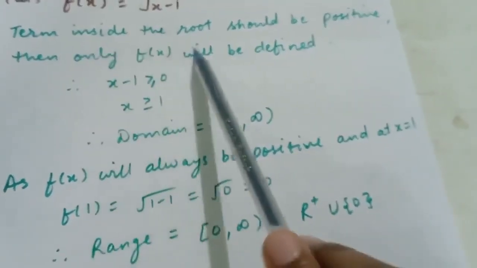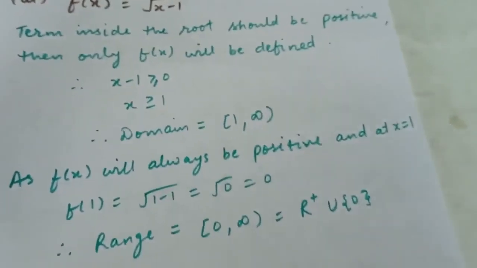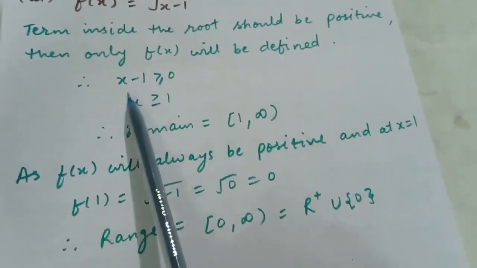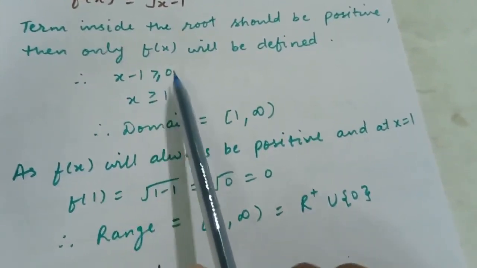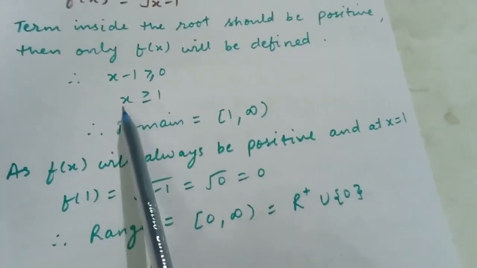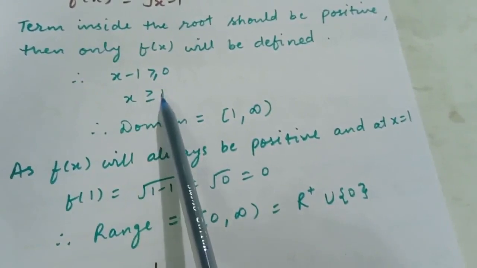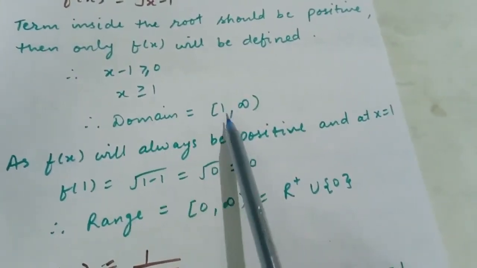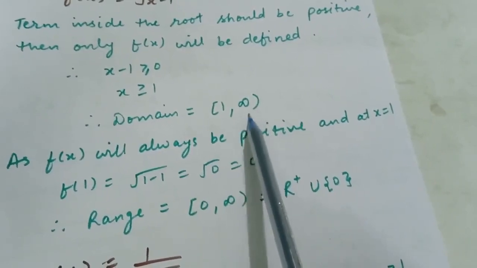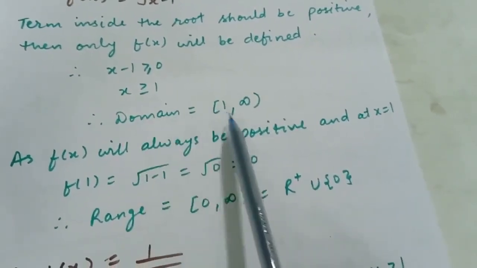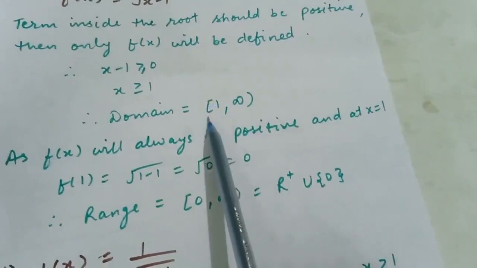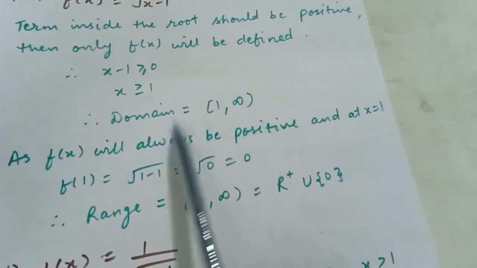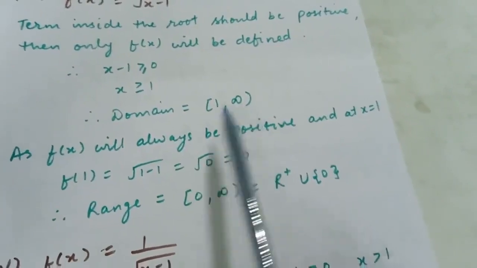Therefore the term inside the root, x - 1, is either equal to 0 or greater than 0. So x is either equal to 1 or greater than 1. Therefore the domain goes from 1 up to infinity. As equality is here, we put a square bracket, and at infinity obviously a round bracket. So the domain is [1, ∞).